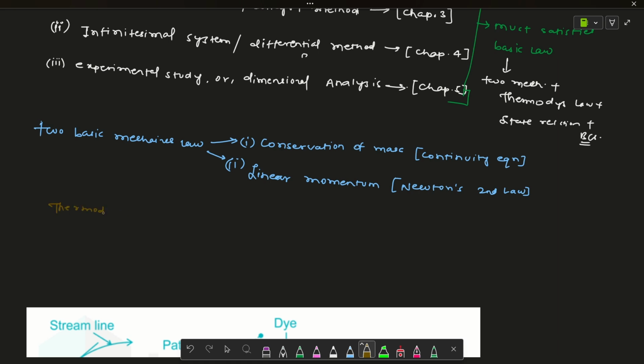What is it? It is conservation of energy, or the first law of thermodynamics. Whenever we deal with energy, we have to apply this law to solve any fluid problem.